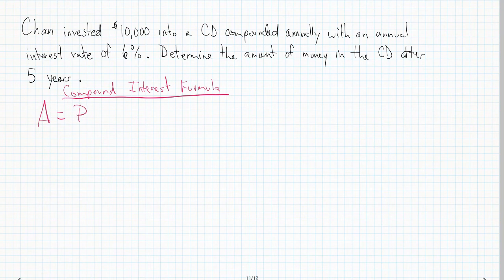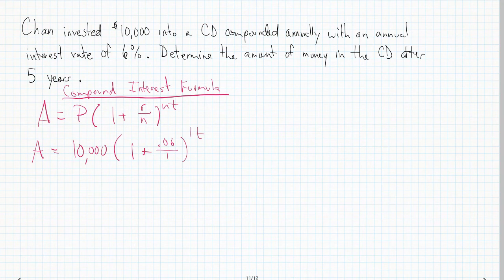And this is a special type of compound interest formula. So your formula went P times the quantity 1 plus R over N raised to the NT. Well, in our case, N is equal to 1, and our P is 10,000. So I'm going to leave the T off on the side for just a second. So this is 1 plus 0.06 over 1 raised to the 1 times T.